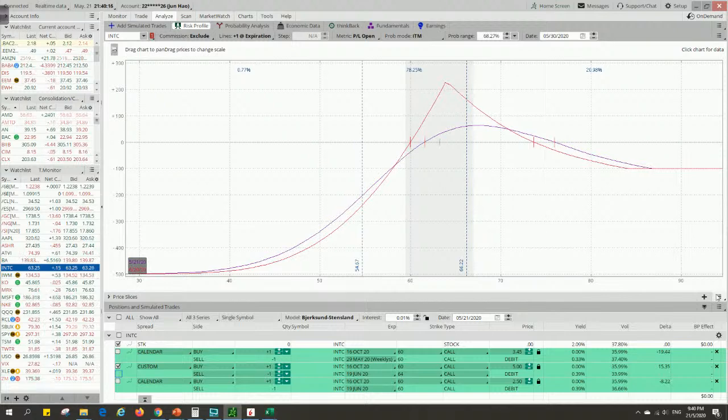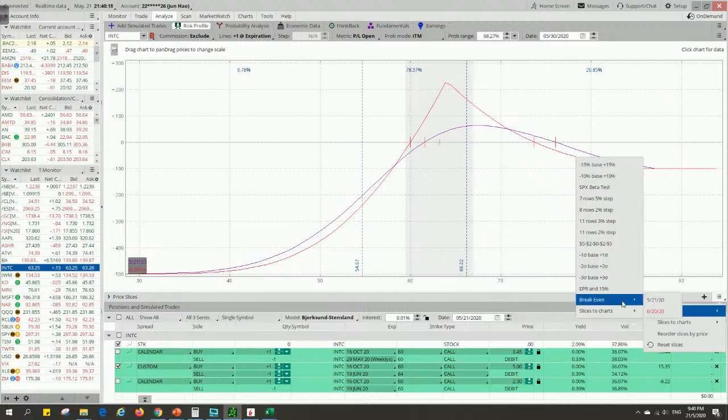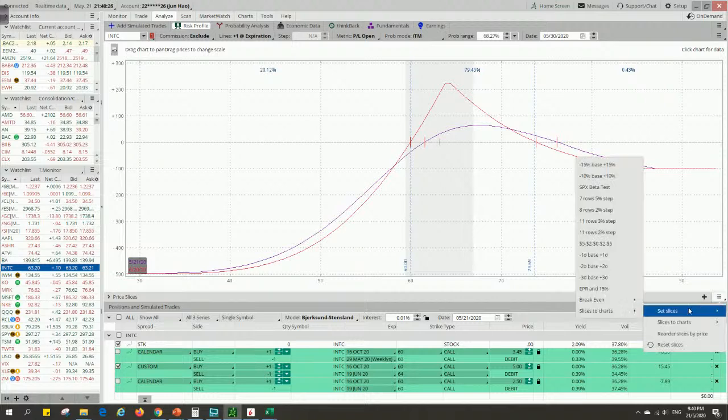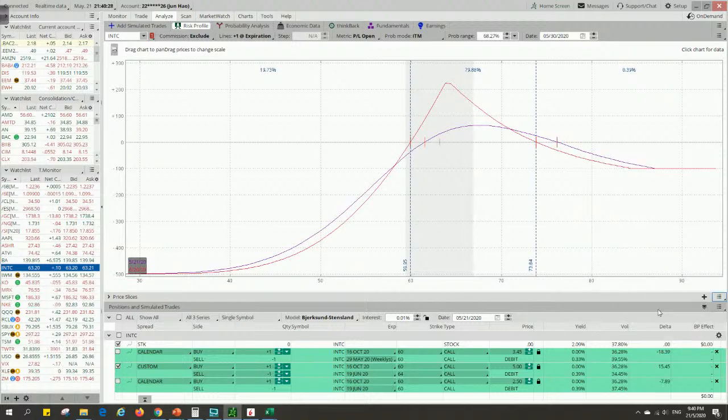Let's look at what our odds are. Likewise, go over to break-even on the day of expiration itself. Right now you can see that our break-even price changes from $60 to $73, $74.